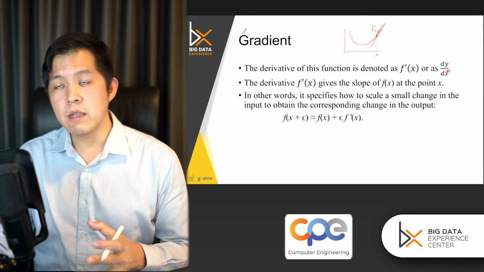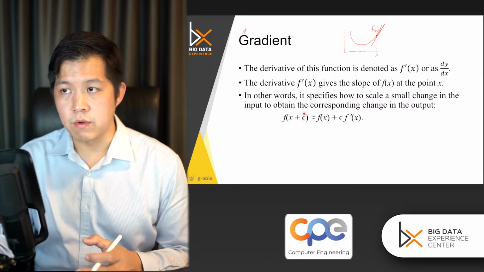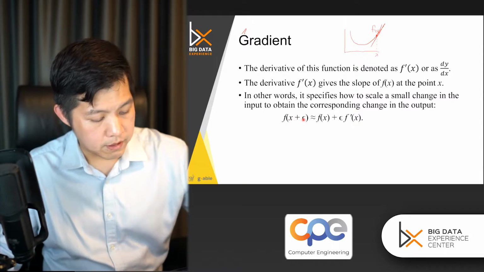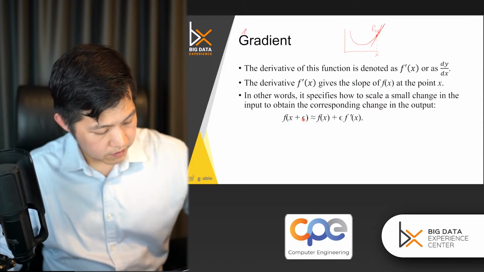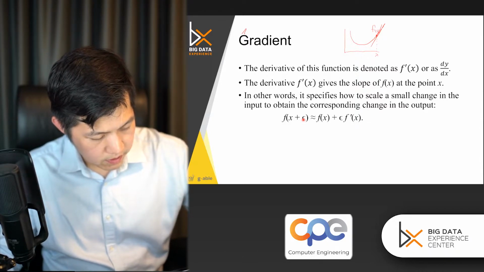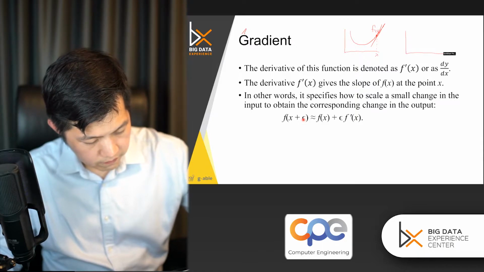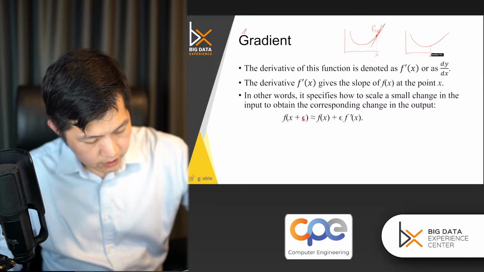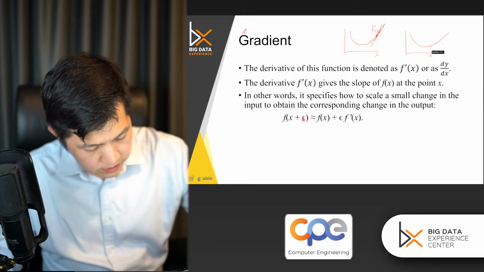So if we make a very small change like epsilon, x plus epsilon, we have this function, and a certain value x here, and this very small infinitesimal increase x plus epsilon.